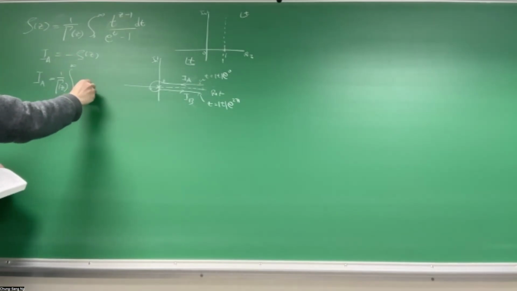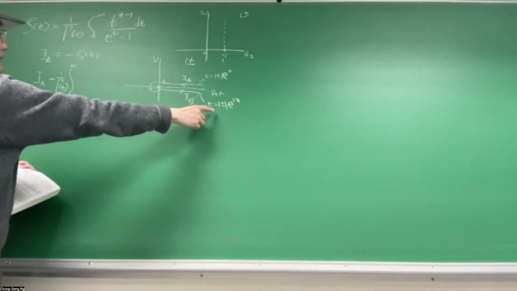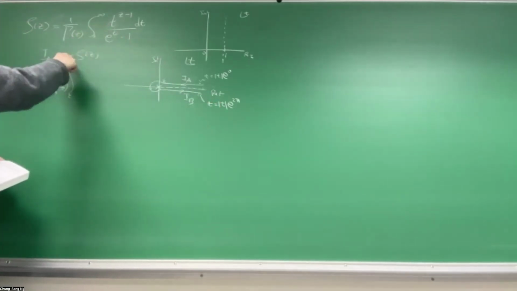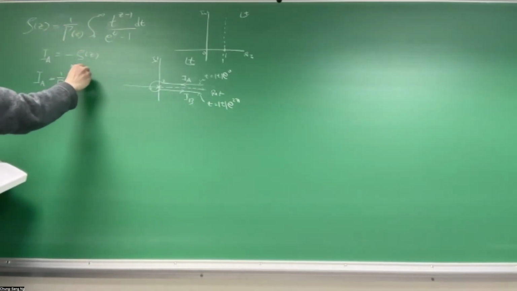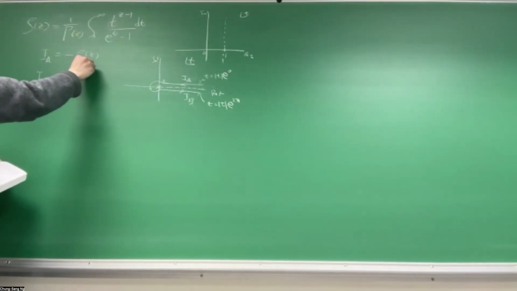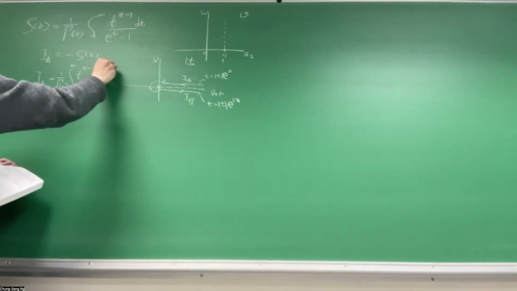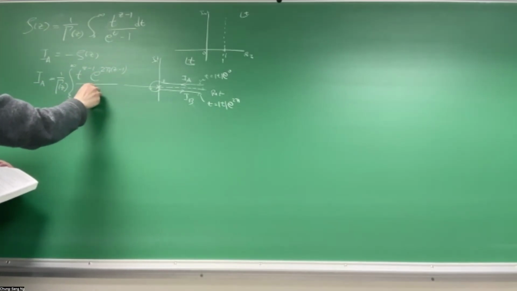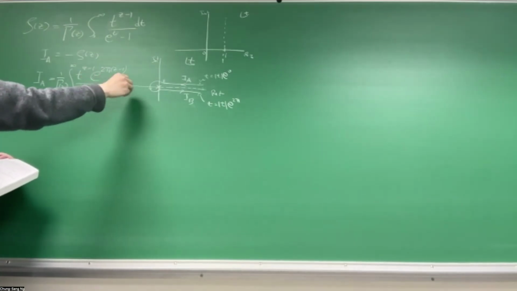Later on, just let epsilon go to 0. This absolute t is just t, because the integral is defined from 0 to infinity for positive t. So it's t to the z minus 1, and then you have the phase e to the 2 pi i (z minus 1). And the rest doesn't matter; it is not multi-valued.